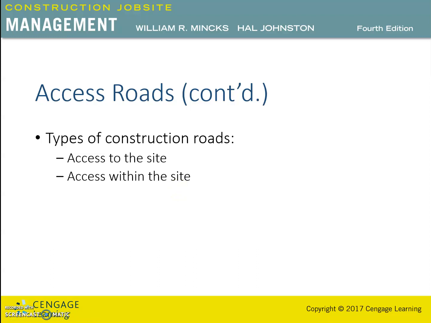The contractor should determine the location of these roads, how they will be used, and what type of roadway will be necessary. Compacted natural earth roadways can be good construction roads if the soil is gravelly with good drainage.